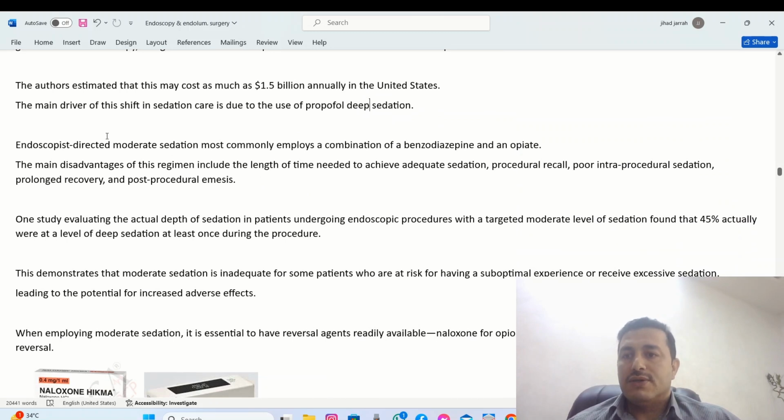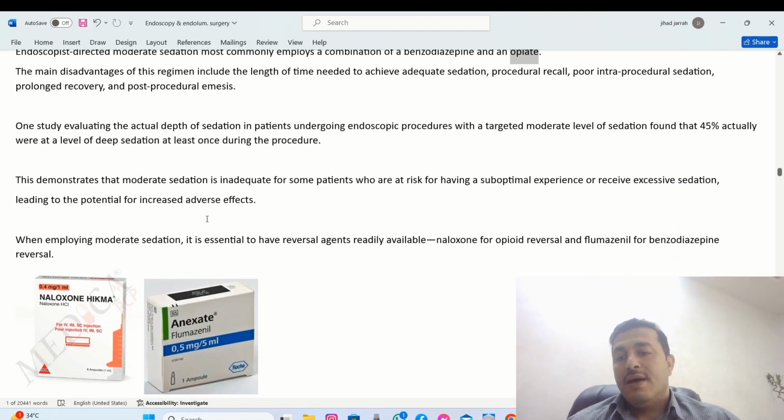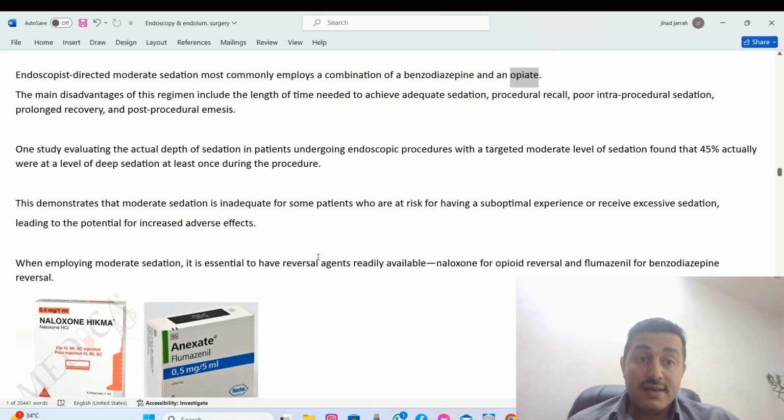As we said, the most commonly used is the endoscopist directed moderate anesthesia, in which we use just benzodiazepine and opiate. Please be careful that the antidote is present, such as naloxone for opiate and flumazenil for benzodiazepine.